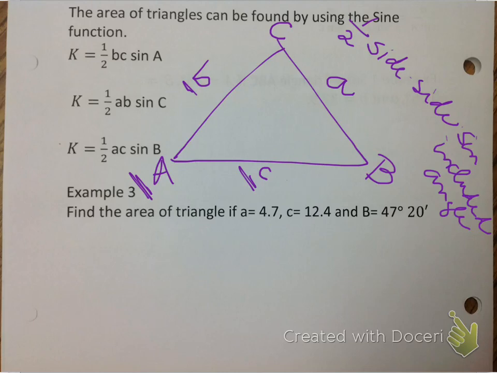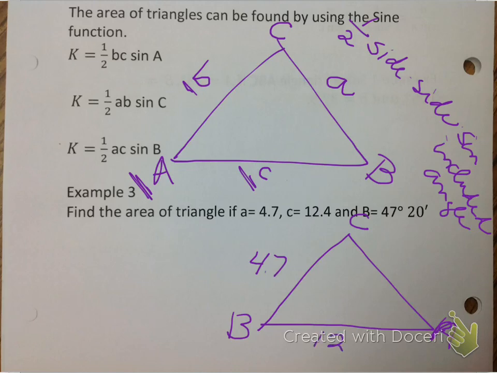Alright, let's do our first example. It says find the area of a triangle if A is 4.7. So let's just draw us a triangle. This is A, B, C. And I'm going to label little side A is 4.7 and side C is 12.4, and then angle B, which is the included angle, is 47 degrees and 20 minutes.